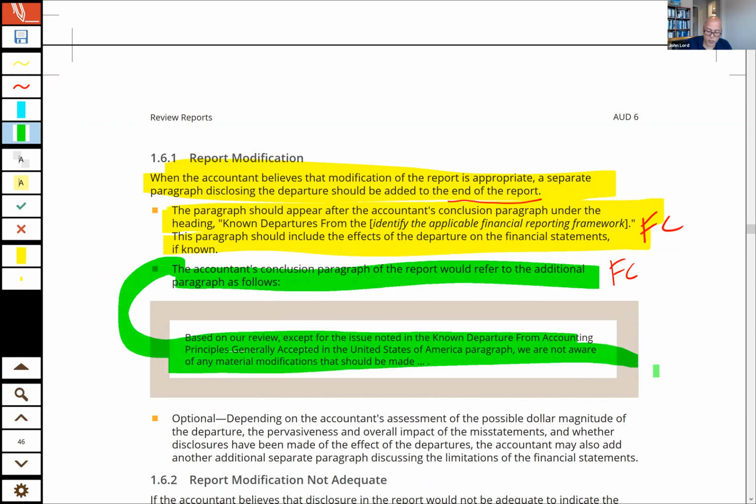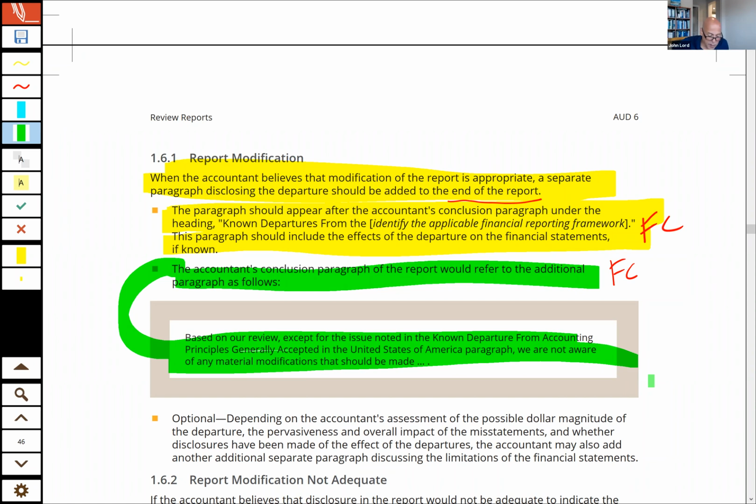You don't have to put that on the flashcard, but basically we'll write the review report saying, other than what I'm going to tell you about in the known departures paragraph, I am not aware of material modification needs to be made in order for the financial statements to be in accordance with the applicable framework. And then comes a paragraph with the heading known departures, and we'll call out whatever the departures are. Just be careful. That's not a qualification. We don't call that a qualification. We're simply calling out the known departures.